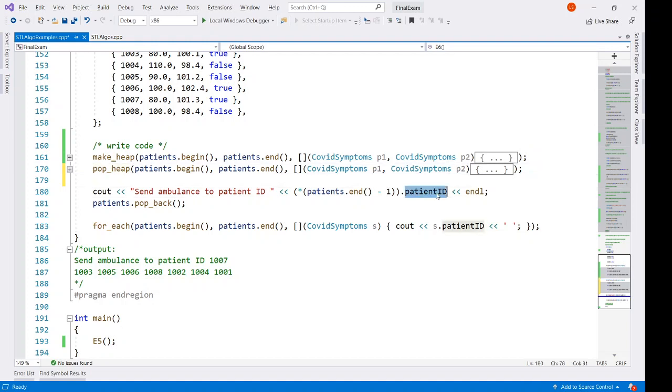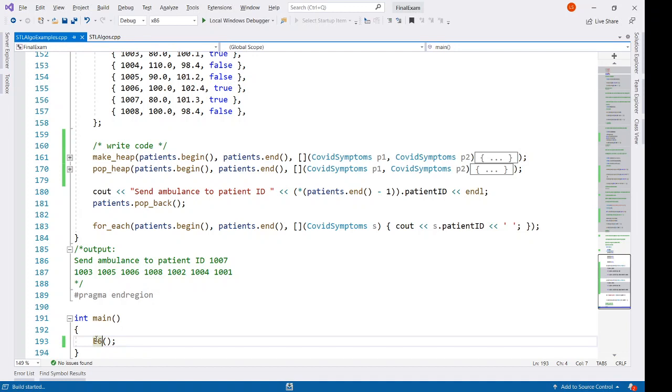So that patient ID is the highest priority patient to whom the ambulance should be sent, and then we print the remaining vector. So let's see what it does for us after changing the call here to E6.